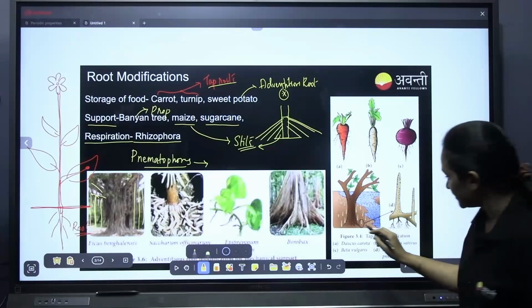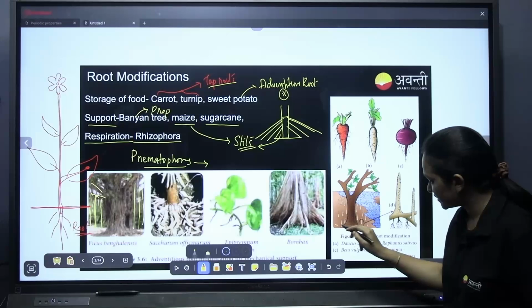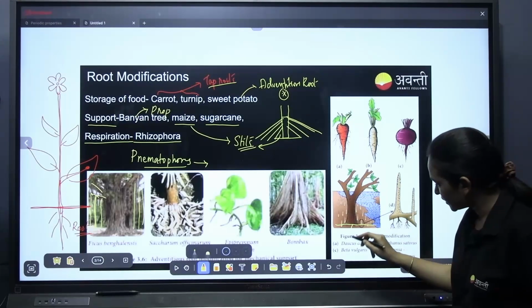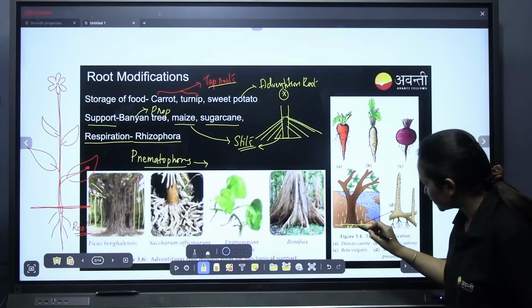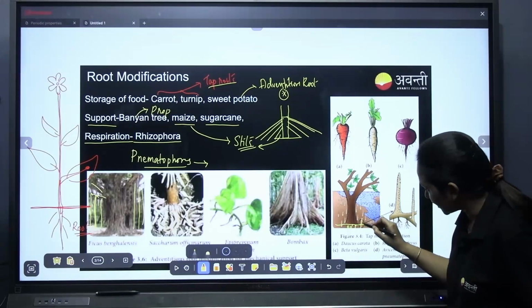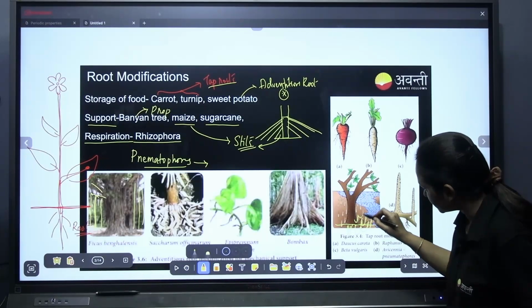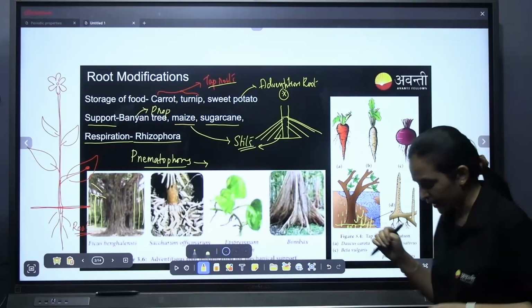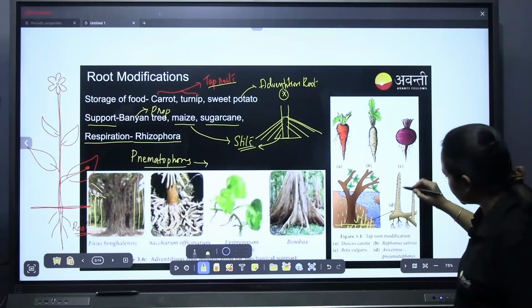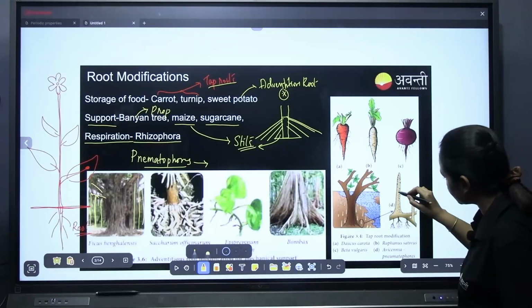If this is the ground level, the roots are here. In the haline condition, the salt marshy area, these roots start coming upwards, above the ground, and these will be having pores like this. Pores.